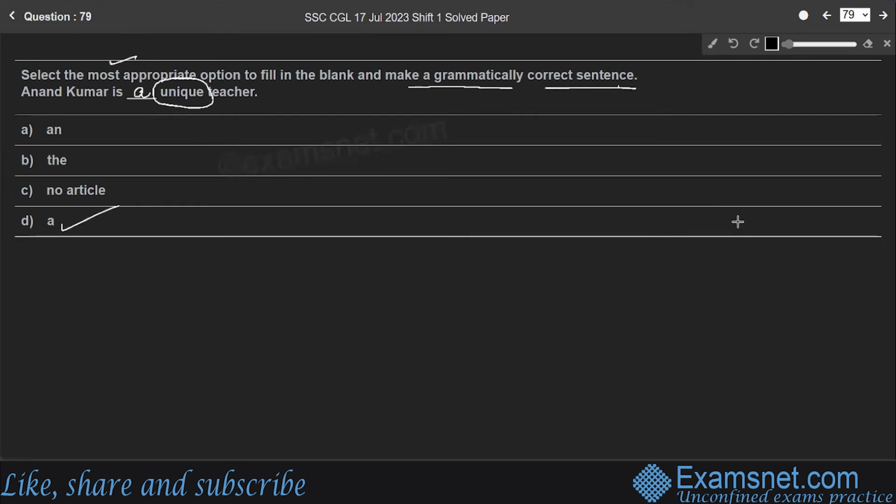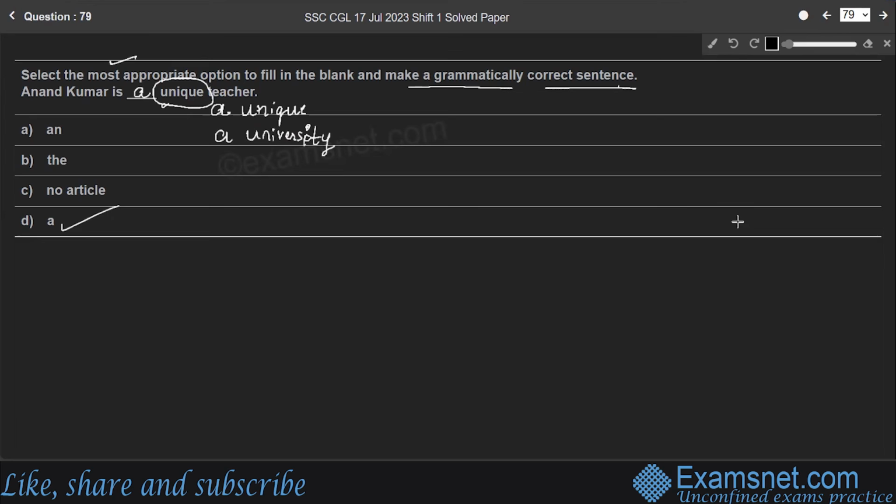the sound of a consonant comes when we pronounce the word unique, right? So if a word starts with a vowel but has the sound of a consonant, like unique, it sounds like a consonant. For example, university also sounds like a consonant. Therefore, it should be a unique teacher or a university.